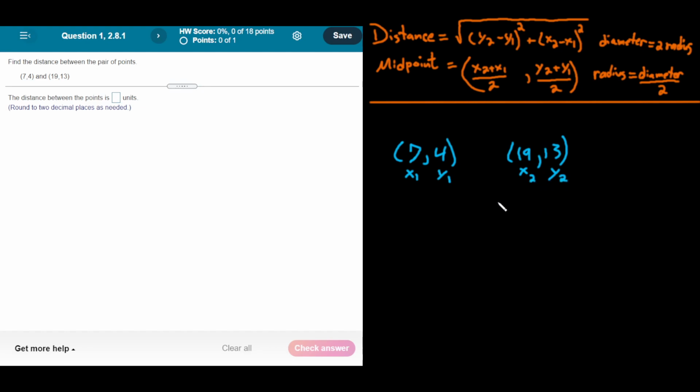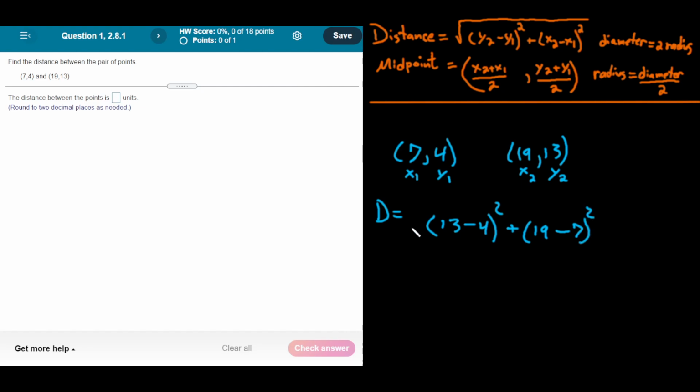So all we have to do, we're finding distance, so we're just going to use the distance formula. So let's go ahead. And we're going to use d, which stands for distance. And we're going to take our y2, so this is 13 minus your y1, which is 4 squared plus x2 minus your x1.